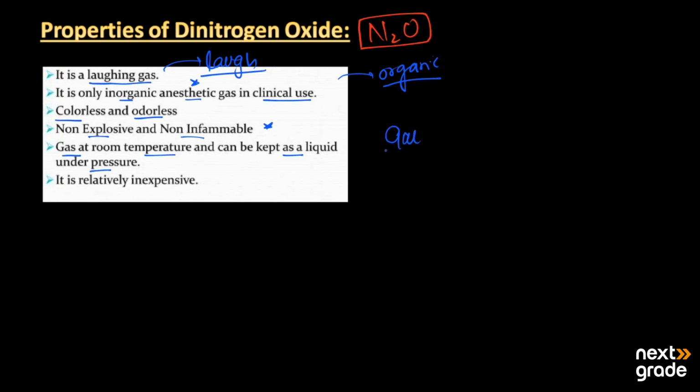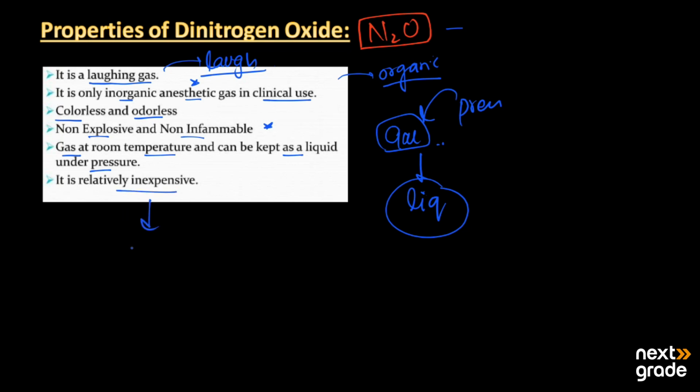When we apply pressure over the gas, it will be converted into liquid because its molecules come close to each other and change into the liquid state. So we can convert dinitrogen oxide into a liquid state by applying pressure. The last one, this gas is relatively inexpensive. If it is inexpensive, then it will be easily available for use. So this is a plus point for dinitrogen oxide.